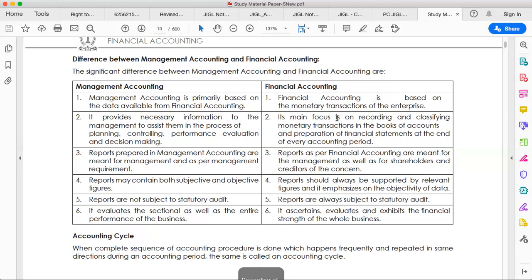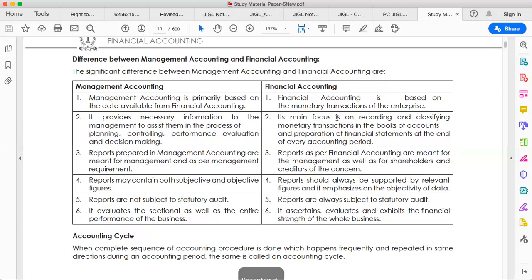Okay, then management accounting evaluates the sections as well as the entire performance of the business. So it's sectional, like department wise, and it also evaluates the entire performance as a whole. Let's say you have 4 departments, it will show the 4 departments' performance, who is performing well, who is not performing well, and the entire business as a whole, in summary form. But financial accounting ascertains, evaluates and exhibits the financial strength of the whole business.